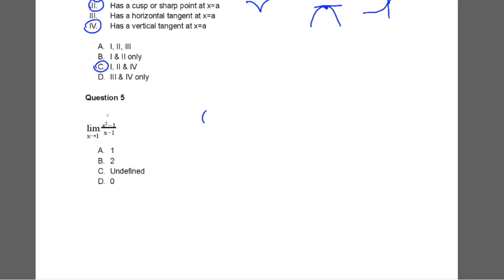If we think about difference of perfect squares here, because we've got x squared, which is a perfect square, and 1 is a perfect square, and it's the difference because it's the subtraction, we can write this as x plus 1, x minus 1, all divided by x minus 1. Okay, so that cancels with that, and we're just left with the limit as x approaches 1 of x plus 1. 1 plus 1 is 2, so that's B.